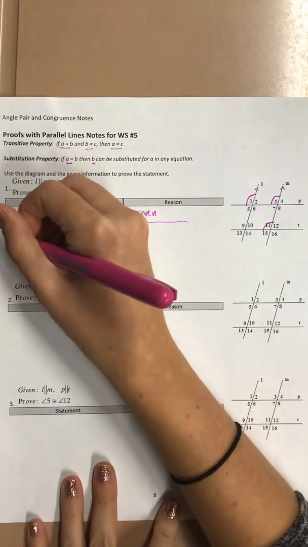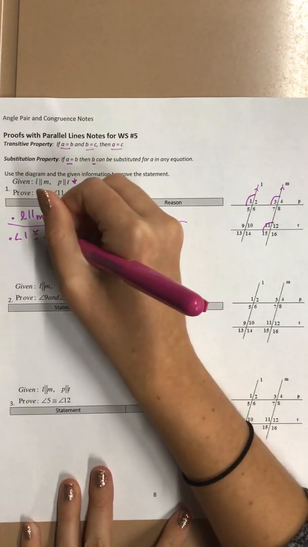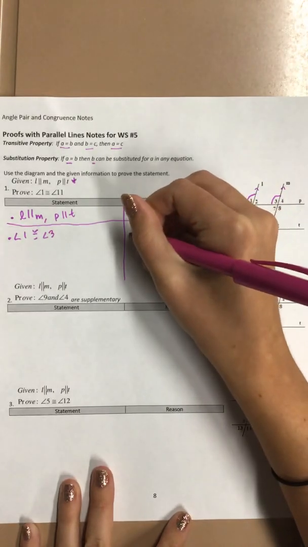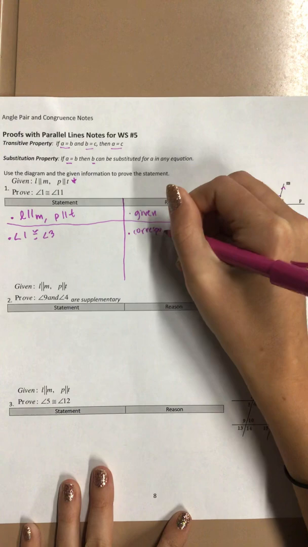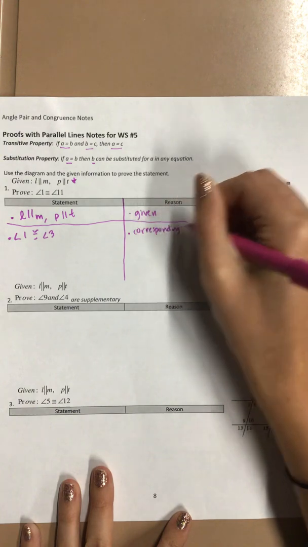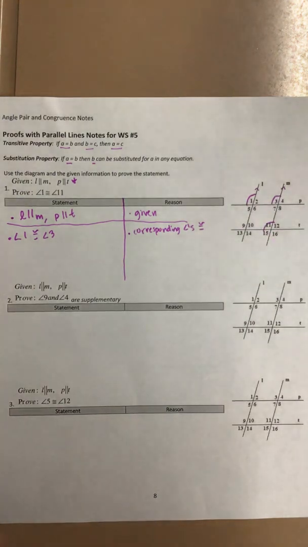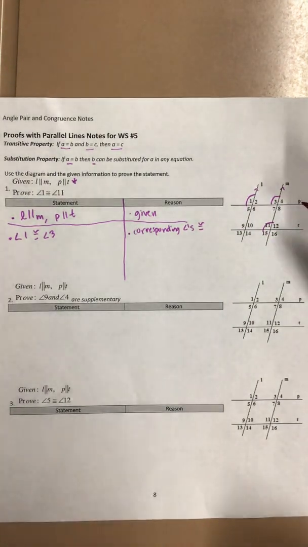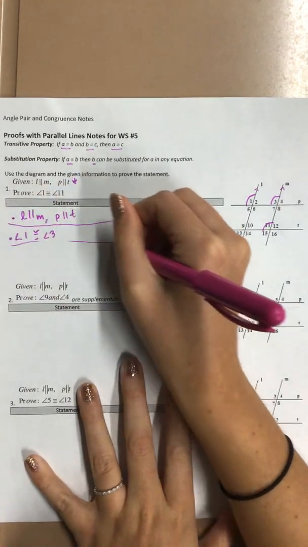Angle 1 is congruent to angle 3. And the reason for that is because they are corresponding angles. And their corresponding angles are congruent. Then I know that 3 and 11 are also corresponding.